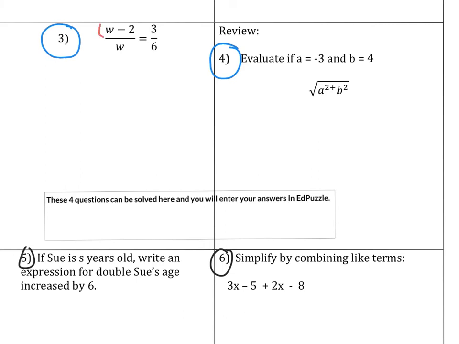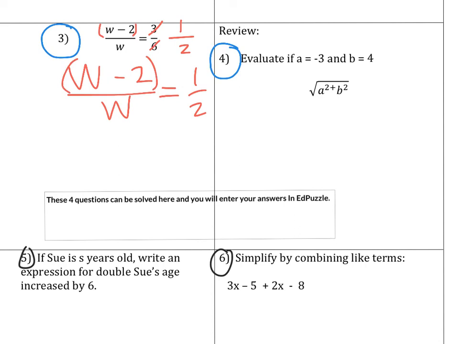Do you see a little shortcut that we could do here? 3 over 6. What is 3 over 6 reduced to? Bob, what is 3 over 6 reduced to? Very nice, thank you. All right, so we have (W minus 2) over W equals 1/2.